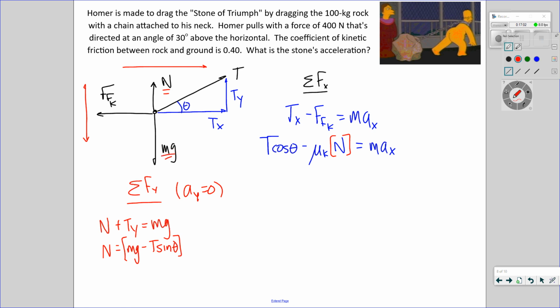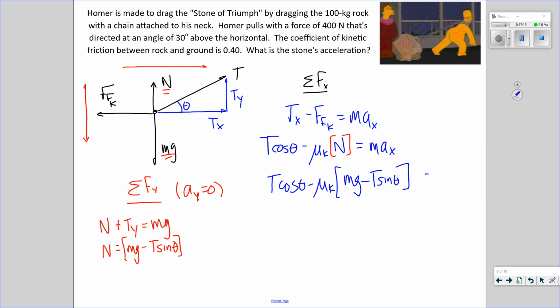So now we can put that N into this expression, and we can see that T cos theta minus mu k times (mg minus T sine theta), well, that equals ma. So there's a.